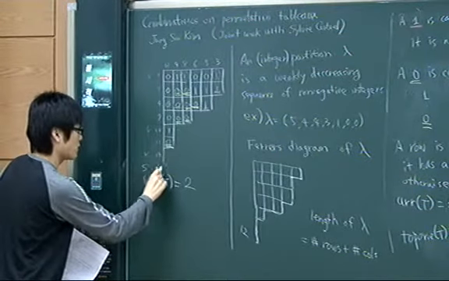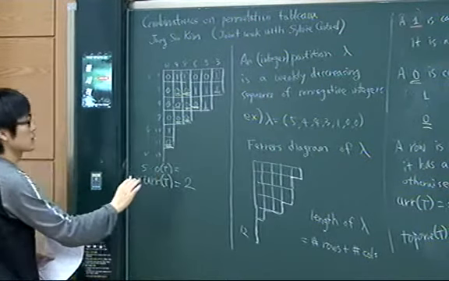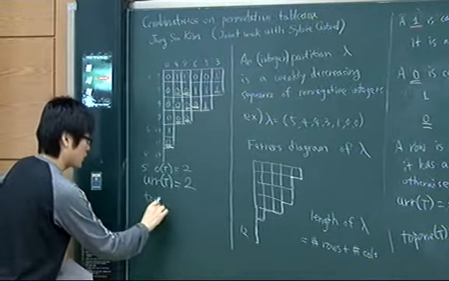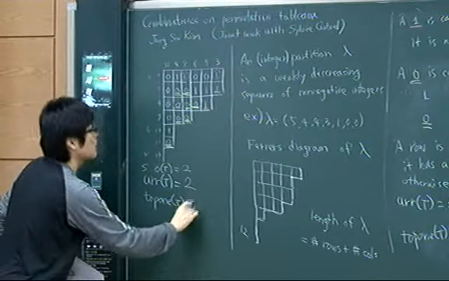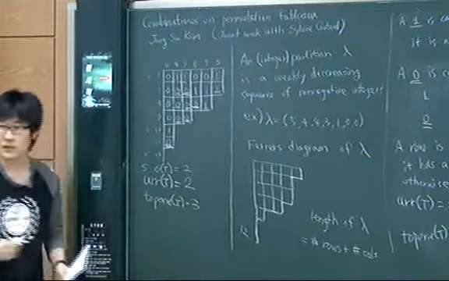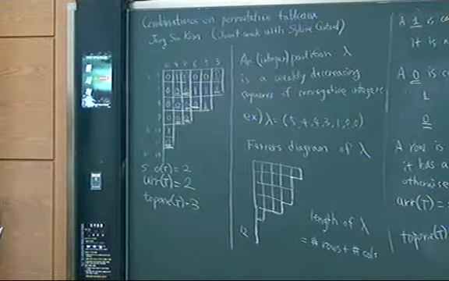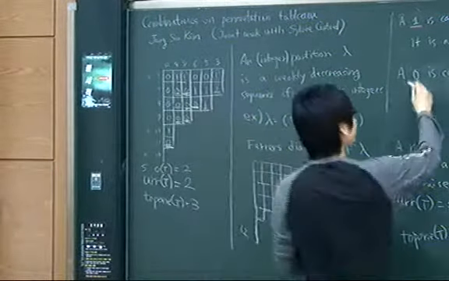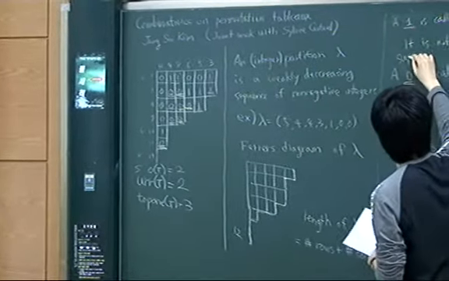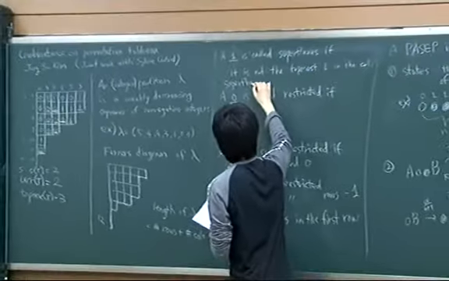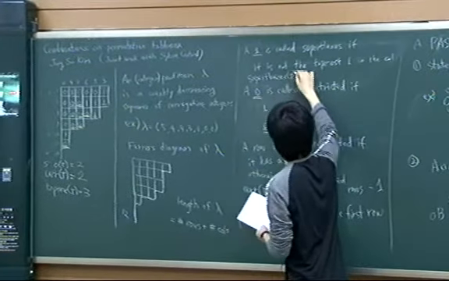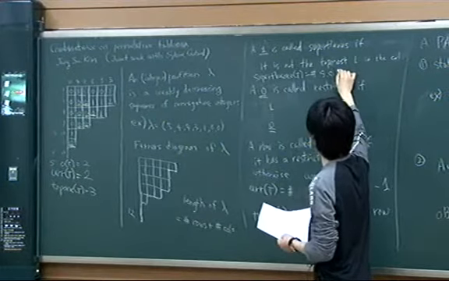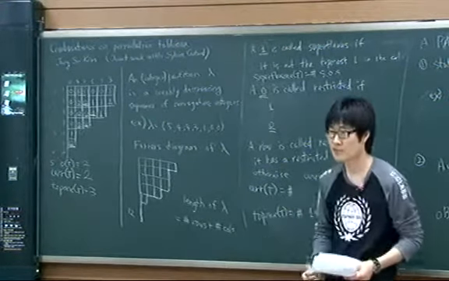Superfluous 1 of T, the number of superfluous ones, equals 2. Top 1 of T equals 3.